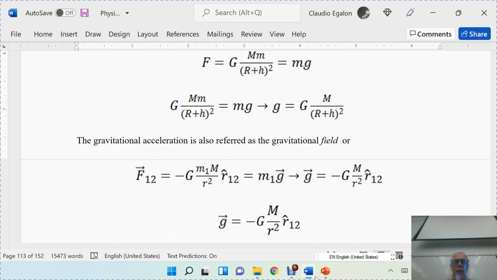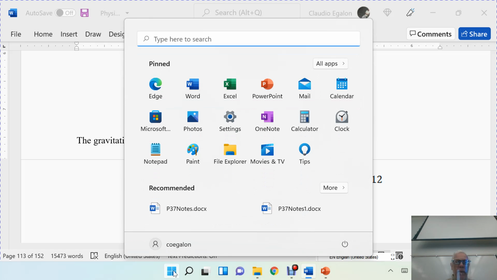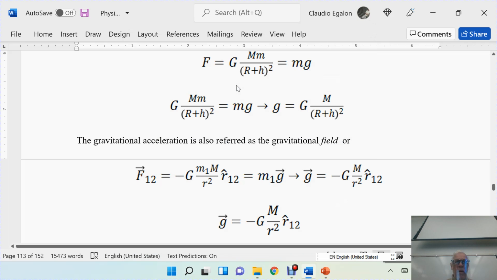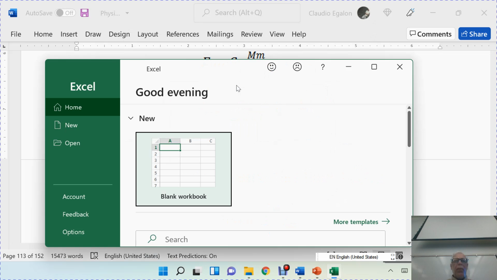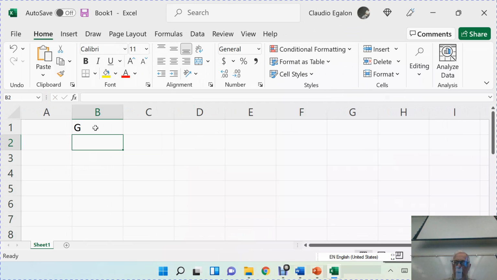I could do the table here in Excel for you, so you have an idea what happens. Let me get the table here, Excel. I'm going to write down an equation for you. Zoom in.